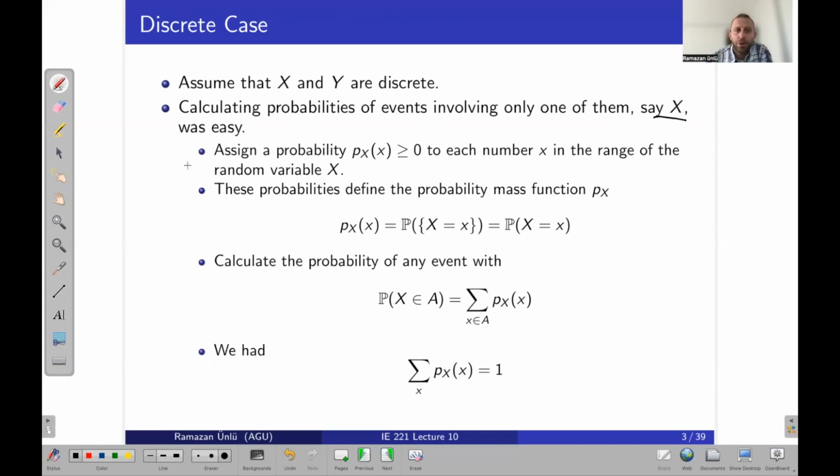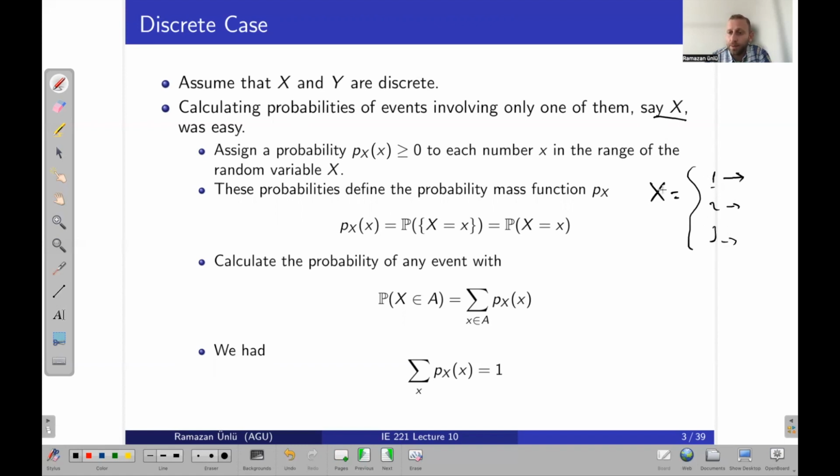Just to remind you, we can assign a probability p of x, which will be greater than or equal to 0, to each number x in the range of the random variable X. Remember that X can take values like 1, 2, and 3, and we know the associated probabilities for these values.